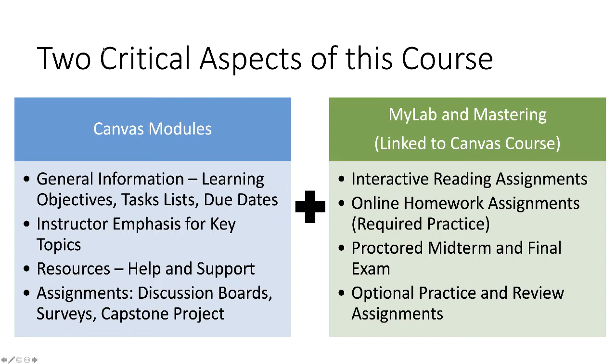In the MyLab and Mastering or MyStatLab component, which is linked directly to Canvas, you will find the interactive reading assignments, the online homework assignments, which are like required practice, the proctored midterm and final exam, and some optional practice and review assignments. Together, these will help you complete the learning cycle.